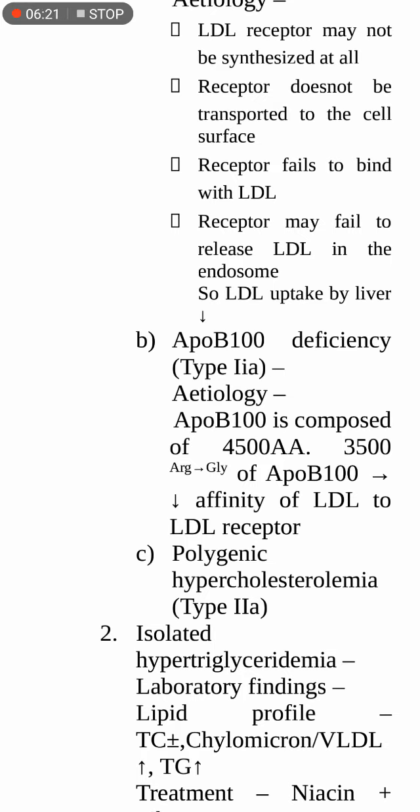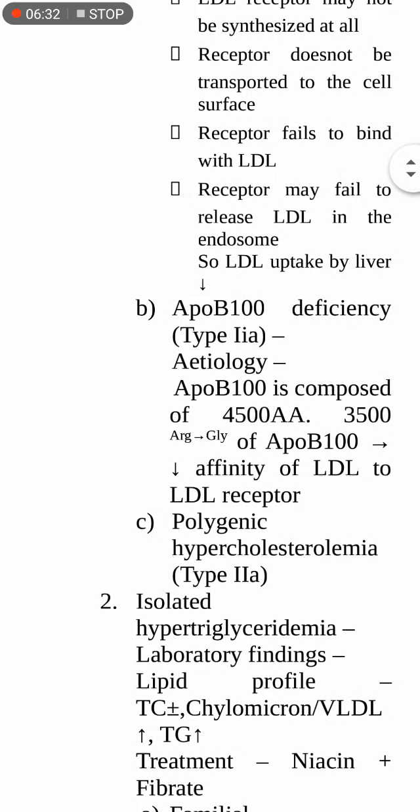At position 3,500, arginine is replaced by glycine by a point mutation of ApoB100. So there is a decreased affinity of LDL to the LDL receptor. ApoB deficiency is due to this.